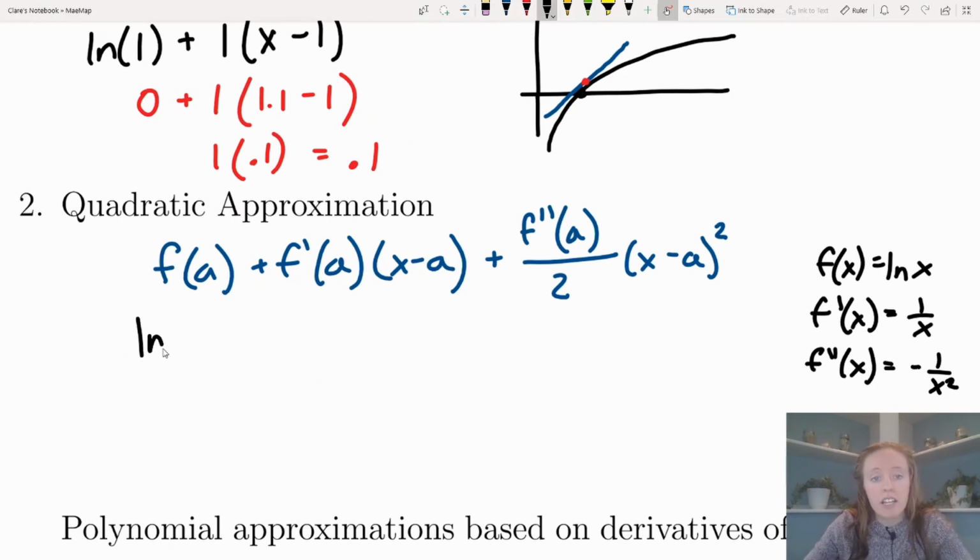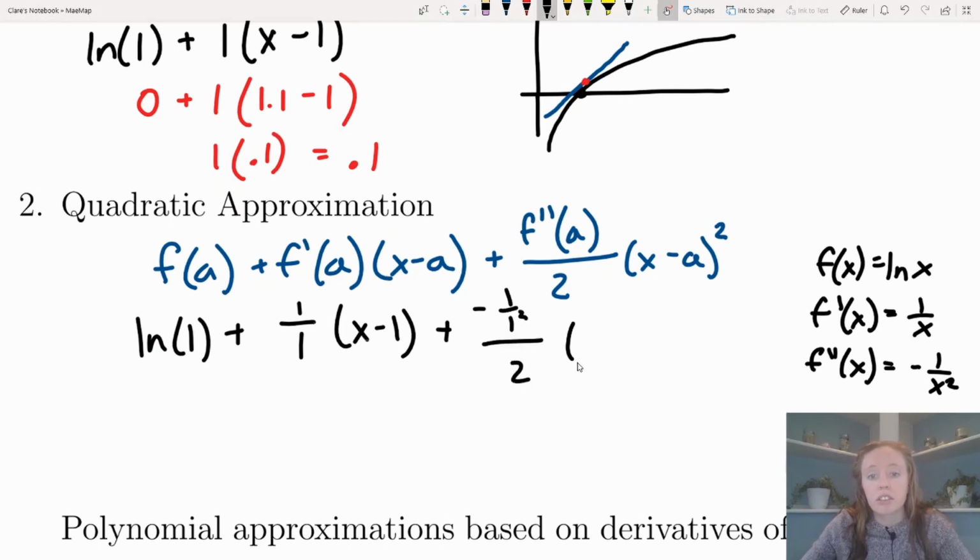So f of a is the ln of 1 plus our f prime of a, which is 1 over 1, times x minus 1 to the first, plus f double prime of a, which is negative 1 over 1 squared, that's all over 2, times x minus 1 squared.